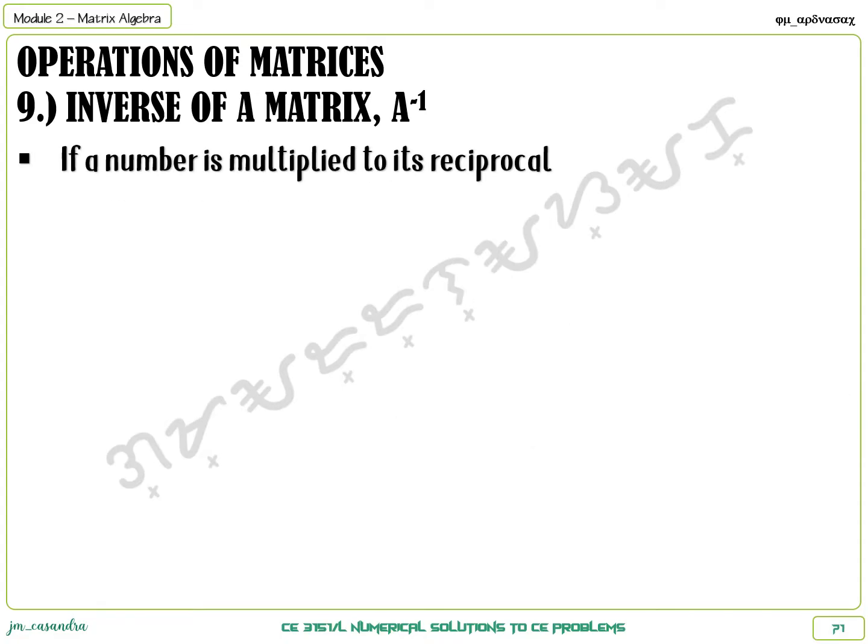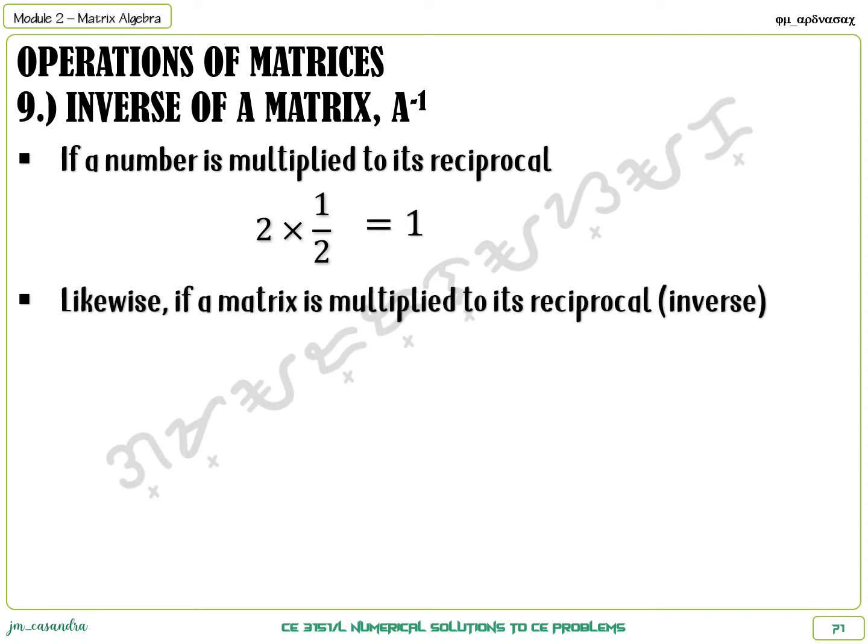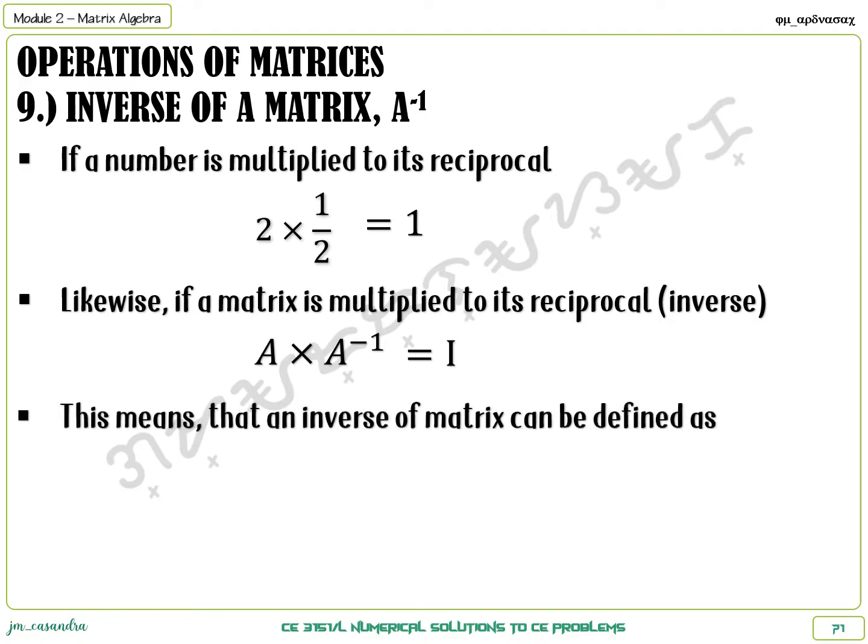If a number is multiplied to its reciprocal, 2 times 1 over 2, it will give us a value of 1. Likewise, for a matrix, when it is multiplied to its inverse, matrix A multiplied to its inverse will result in an identity matrix, wherein the identity matrix is like the number 1 in the context of matrices.